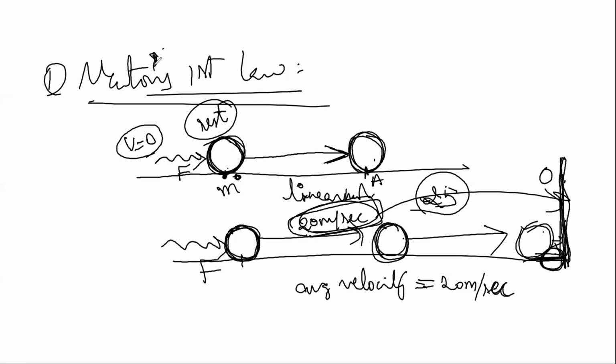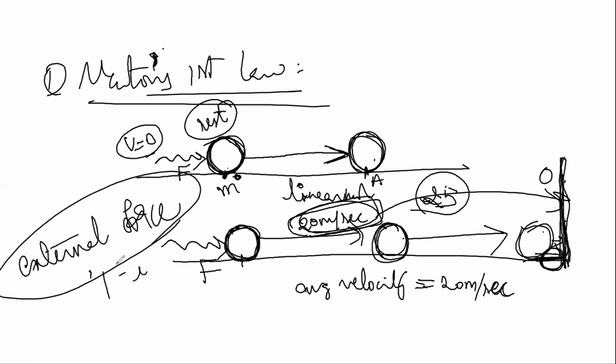Any body continues to be in the state of rest or in uniform motion in a straight line unless an external force acts on it. If there is no external force, F is 0, that means the body would have stayed back here at O, and here also the body would have traveled with the same constant average velocity of 20 meter per second. So this is the first law.